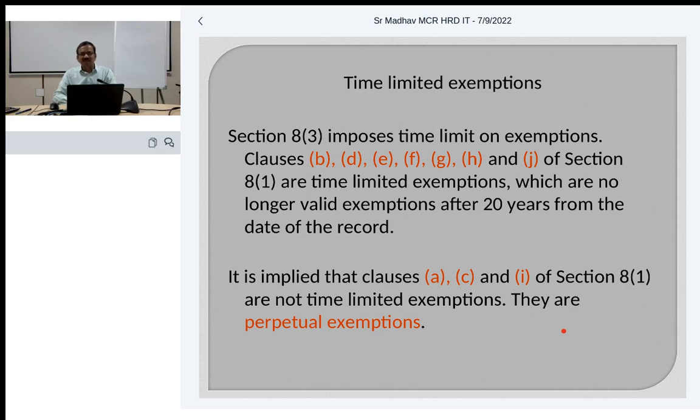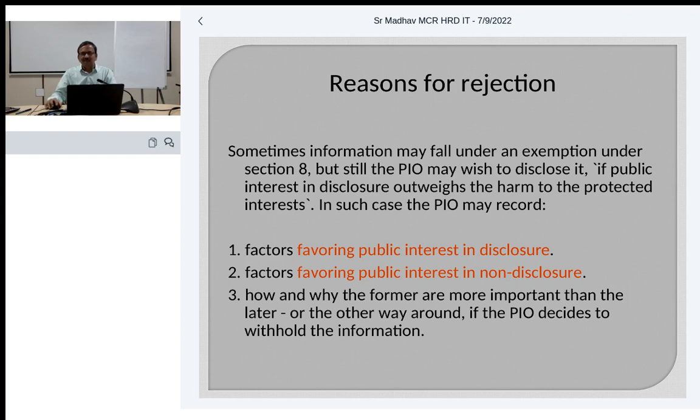What does it mean? According to Section 8.3, these exemptions expire after 20 years. If the record is more than 20 years old, the PIO cannot apply those time limited exemptions. The PIO can only apply these three exemptions A, C, I if the record is more than 20 years old. That is the purpose of Section 8.3.